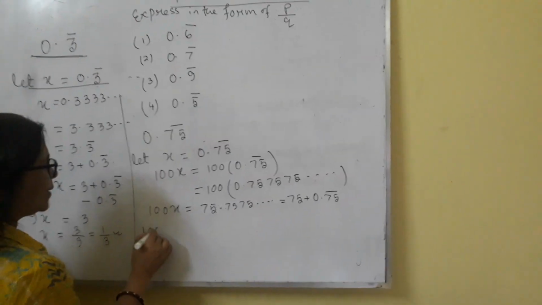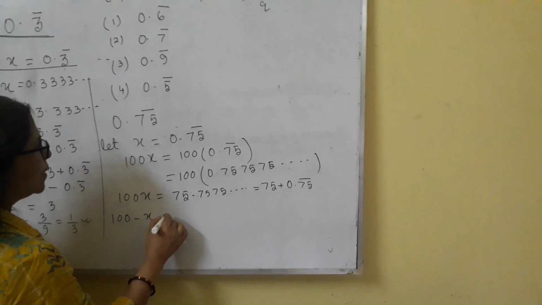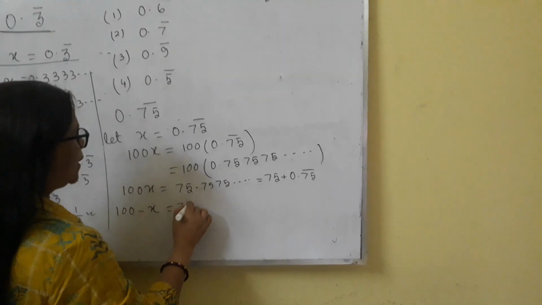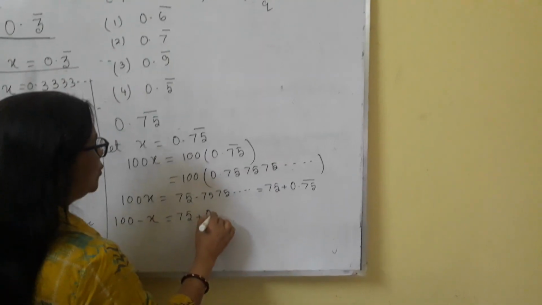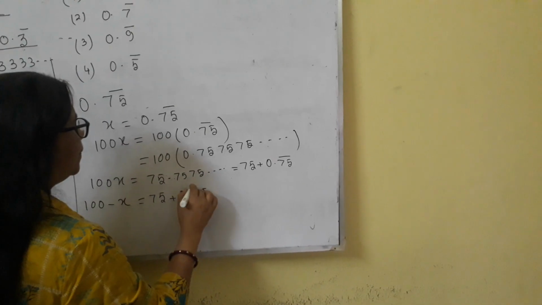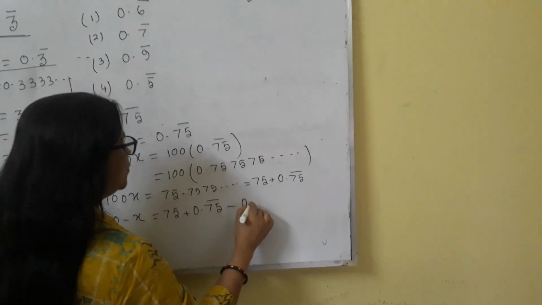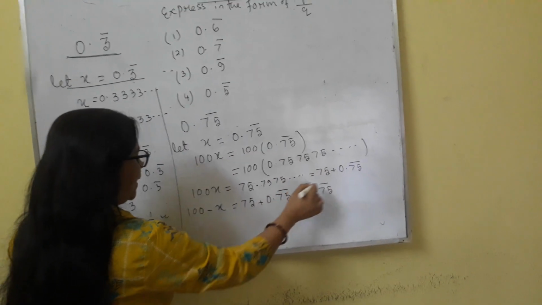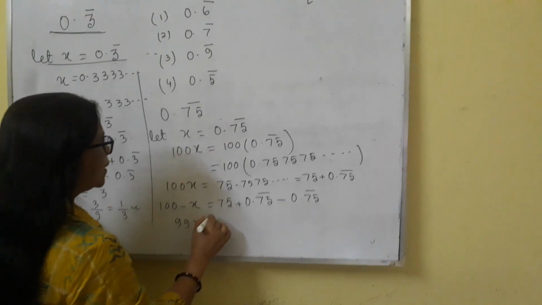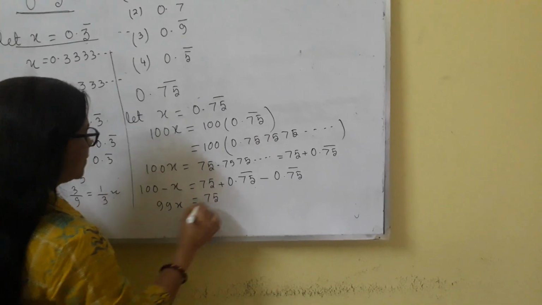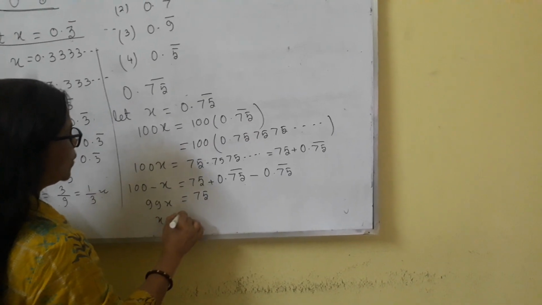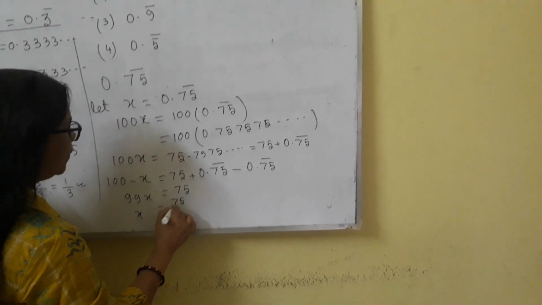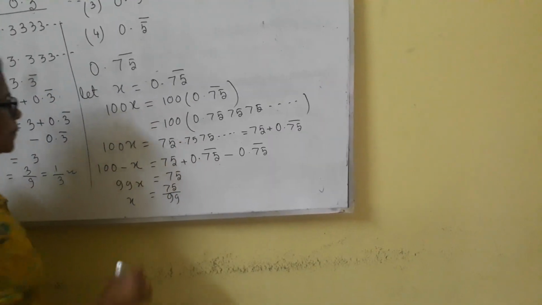Now 100x minus x gives 75 plus 0.75 bar minus 0.75 bar. Cancelling each other, we get 99x equals 75. Therefore x equals 75 by 99.